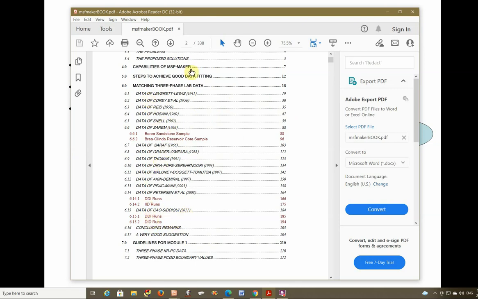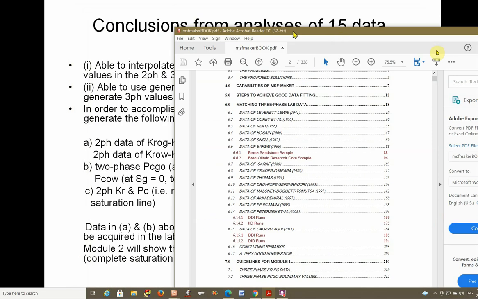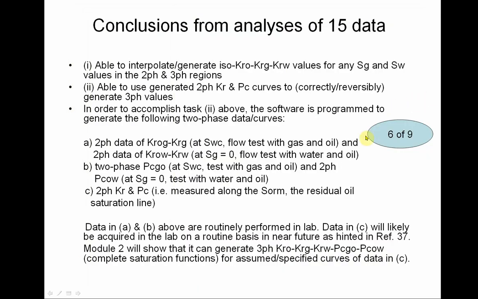From this analysis, the conclusion is that the software is able to interpolate or generate KR values for any SG and SW saturation in the two-phase and three-phase region, and has the ability to use generated two-phase KR and PC curves to correctly and reversibly generate three-phase values.